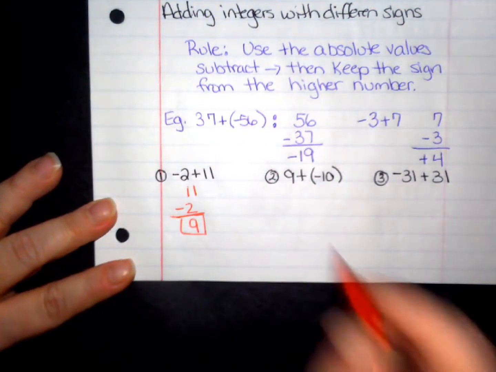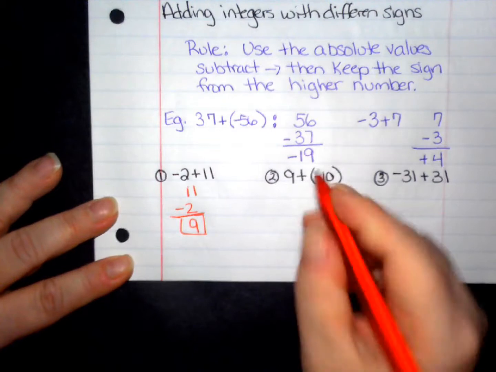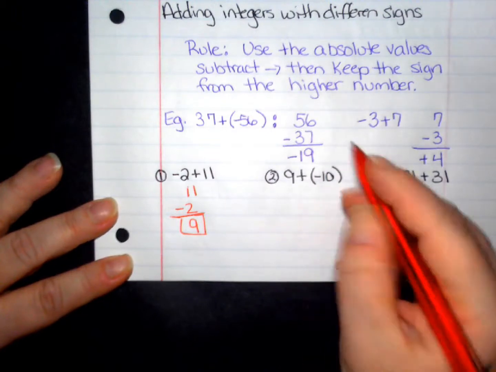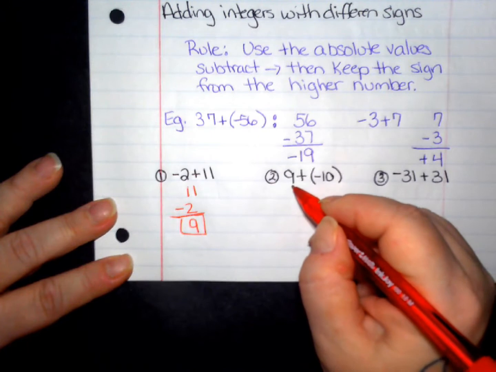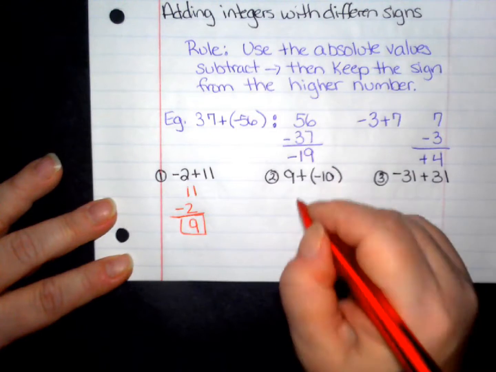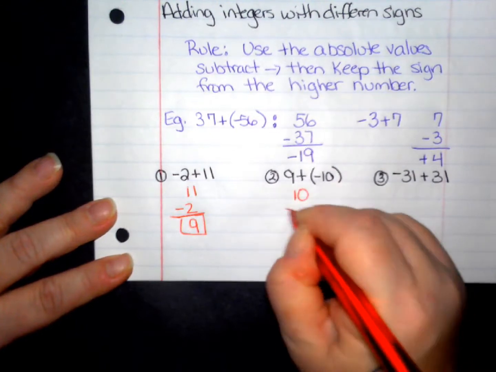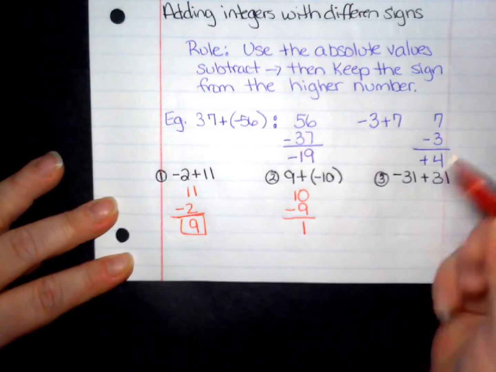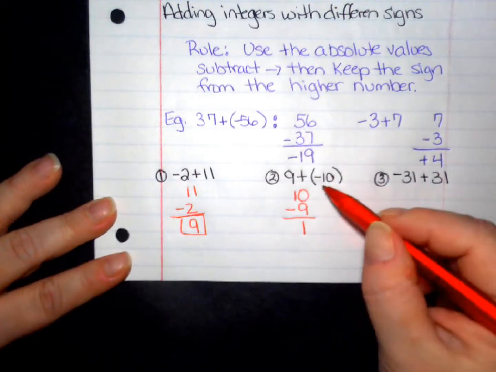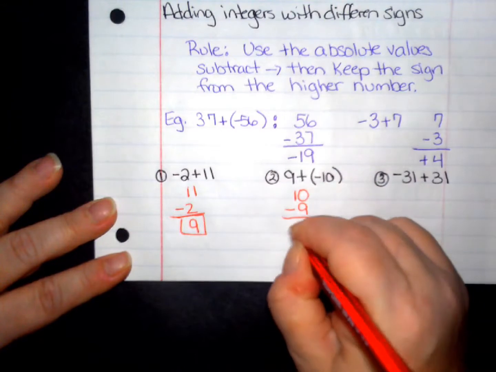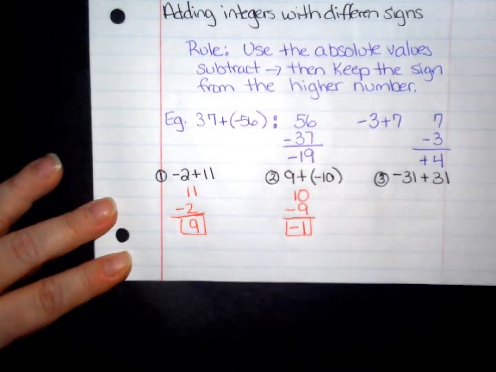Number 2, I have 9, and I'm adding -10. Okay, absolute value of 9 is 9. The absolute value of -10 is 10. So I'm going to do 10 minus 9. And that's going to give me 1. And then which number was bigger? The 10. So I'm going to use its sign. So it's -1.